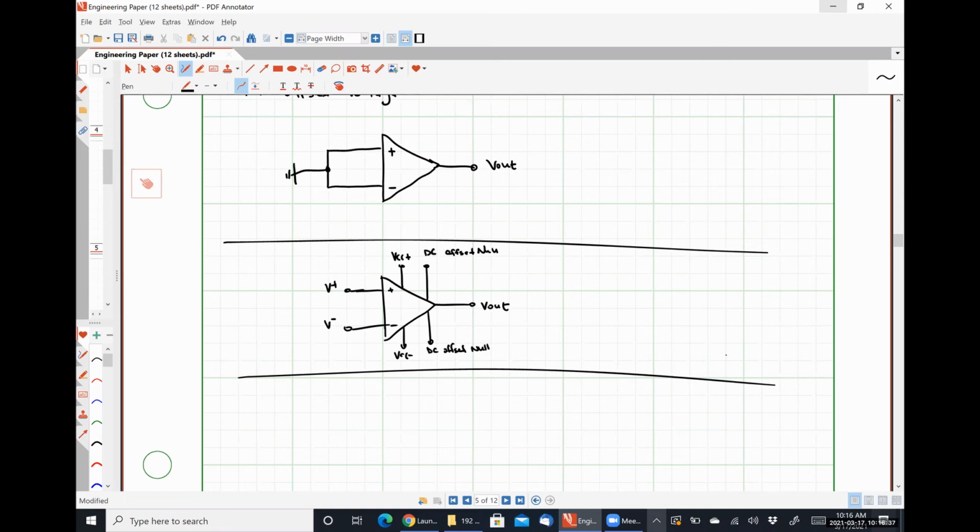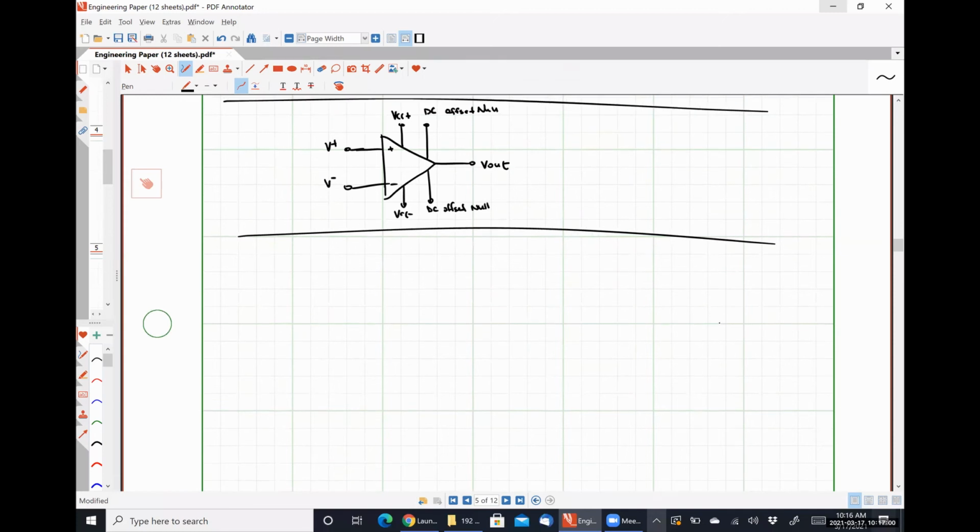It does not matter which one, and it does not matter which polarity we choose, because inherently the DC offset voltage is going to be random. We have no way to know whether it's going to trend as a positive value or a negative value or anything like that. So let's take a look at a non-inverting op amp with an associated offset voltage.